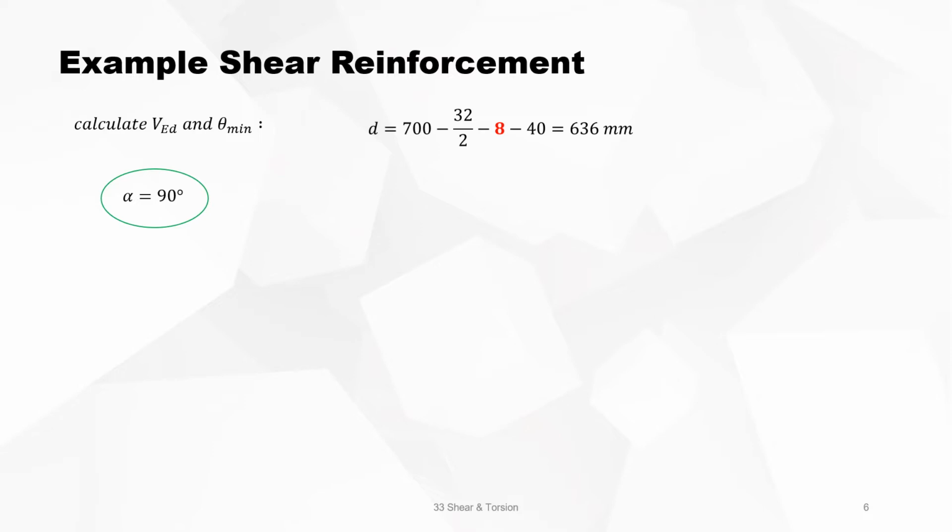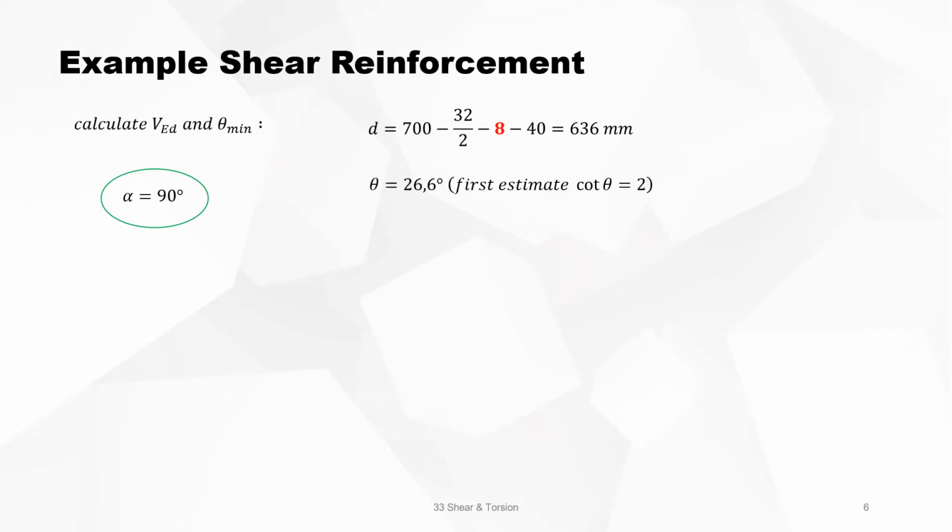So we have to estimate something, we have to put in something to start with, and we have to check it afterwards if this is all right. So usually we start with 8 or with 10, okay, we will now start with 8, so we have d of 636 millimeters.